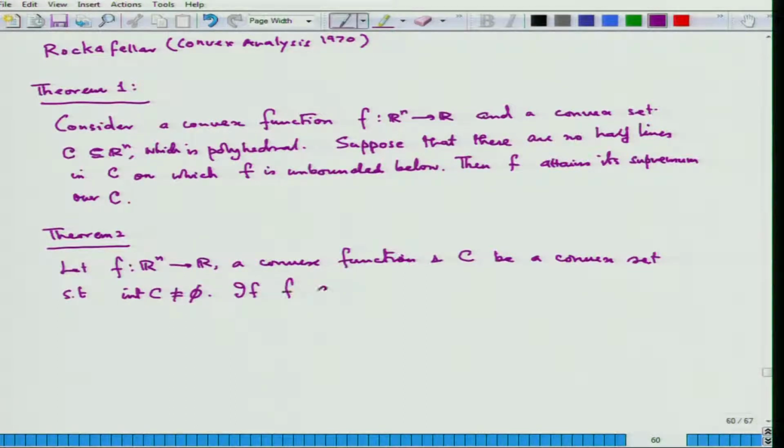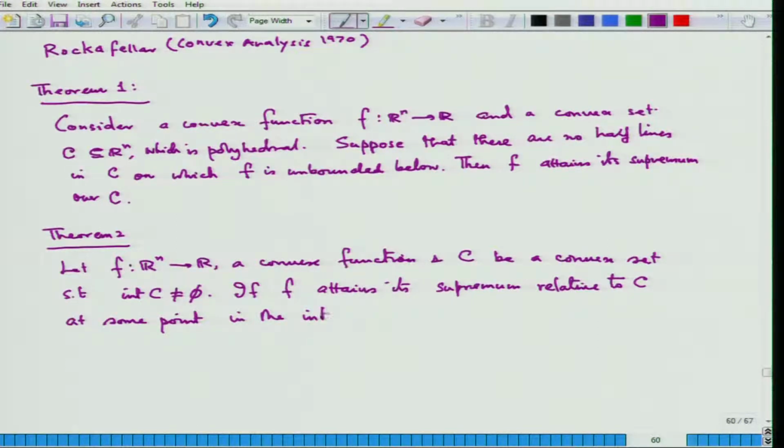If f attains its supremum, or the maximum value, whichever you want to call it, relative to C at some point in the interior of C, then f is constant.